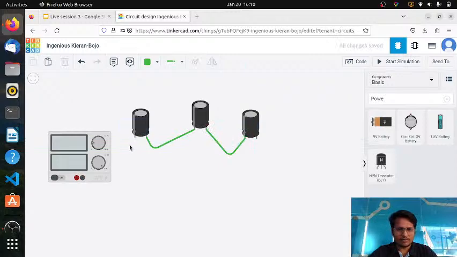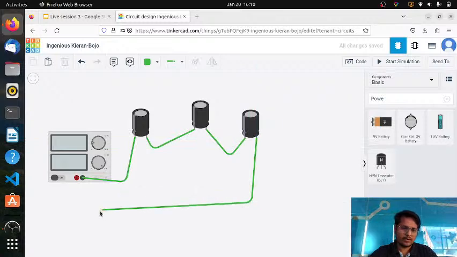Again we have two terminals left, the first negative leg and the third positive leg. I will connect the negative to the negative of the power supply, and then the positive to the positive of the power supply. So we have made a series connection using three capacitors.